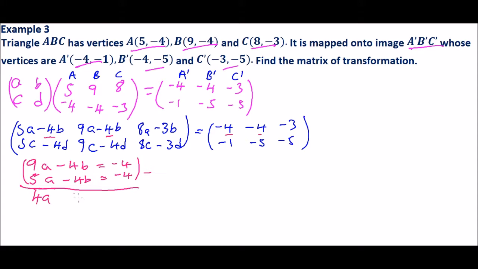Divide both sides by 4, we find A is equals to 0. After finding A, we can come and substitute here and say 5 times 0 is 0, so minus 4B is equals to minus 4. Dividing, B is 1. So we know the values of A and B.